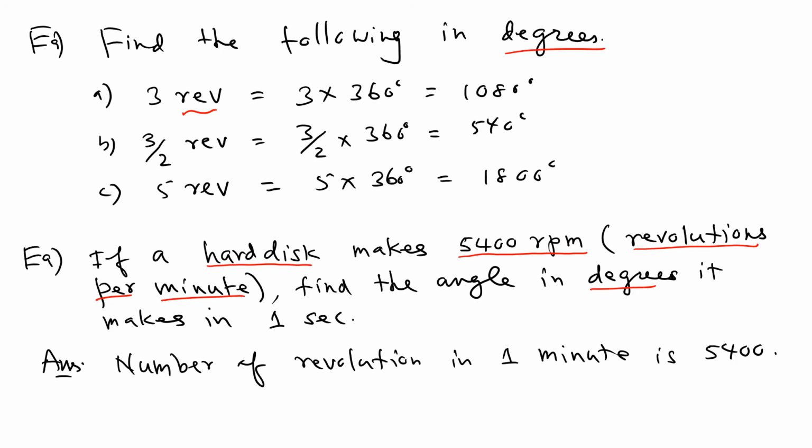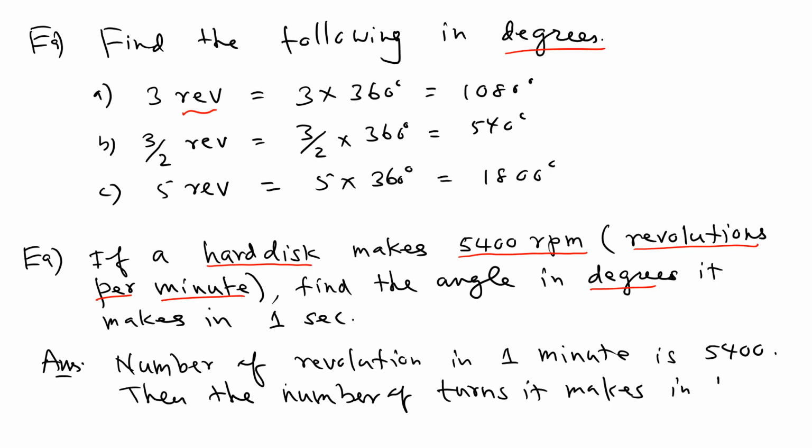You have to divide by 60. The number of turns it makes in 1 second is, because we know that 1 minute means 60 seconds, 5400 divided by 60. You can see that is 90. So there are 90 revolutions it's going to make.